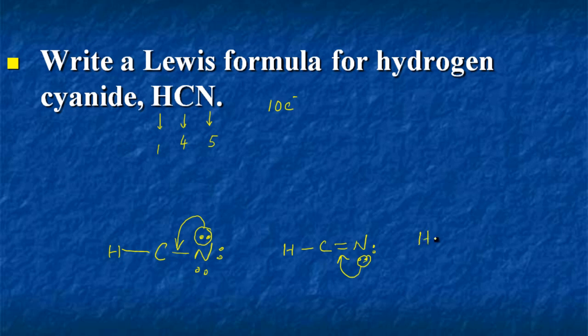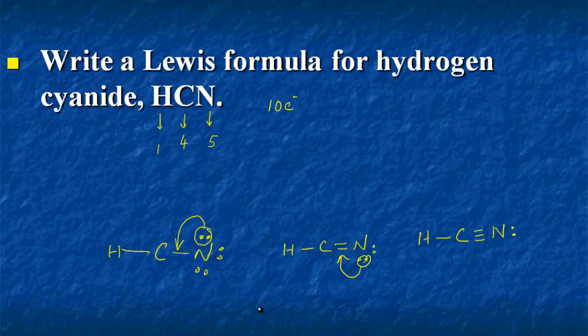So you have hydrogen, carbon, and now there is a triple bond between carbon and nitrogen, which has only 1 pair left. Everyone happy? Hydrogen has 2 around it, carbon 4 around it, nitrogen 8 around it, and we are using all 10 electrons. Okay, I forgot how to tell which one goes in the center.